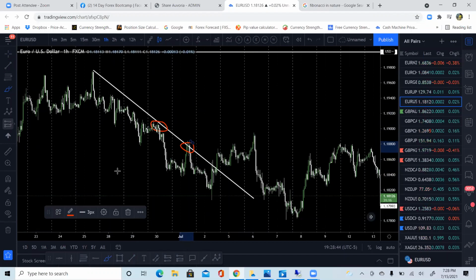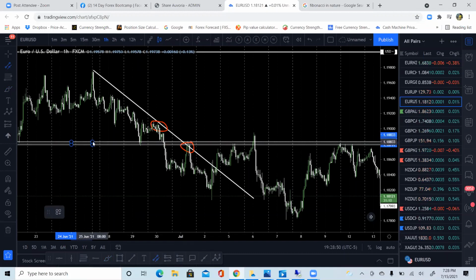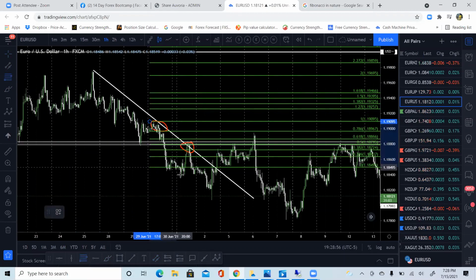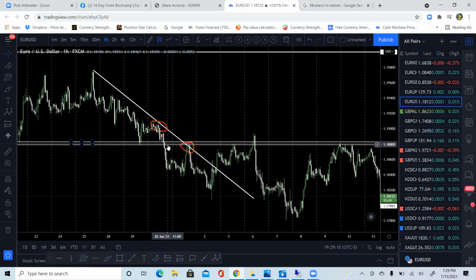And now that you know about horizontal support resistance, you see that this is already a level as it is. So you have confluences. This is how you start building a trade. 61.8. So you got a trend line, you got a horizontal resistance, and you got a Fibonacci all in the same spot. This looks like a very good area of trading. You have a lot of confluence.